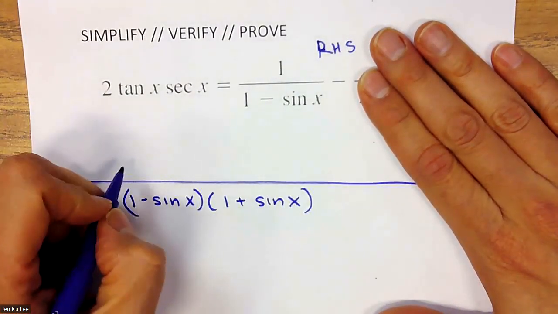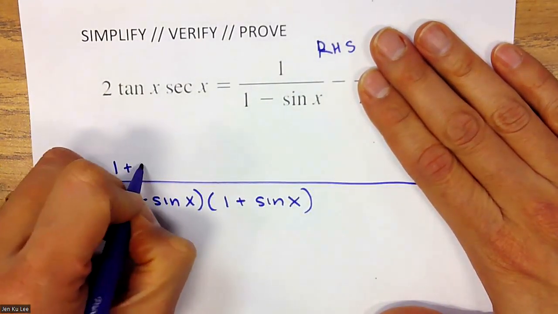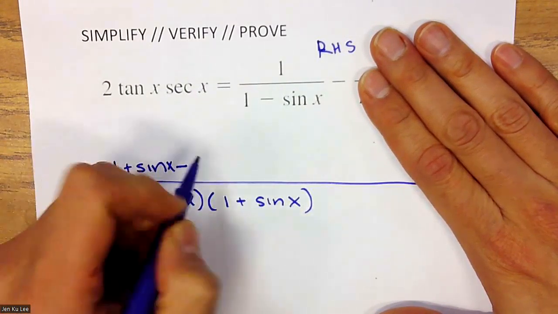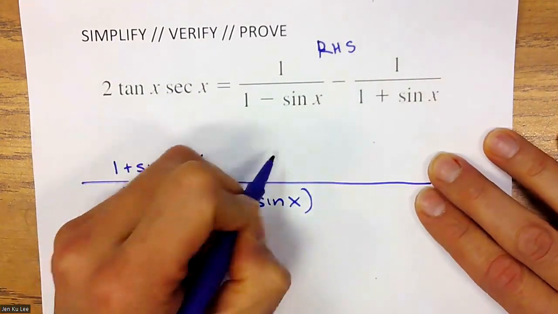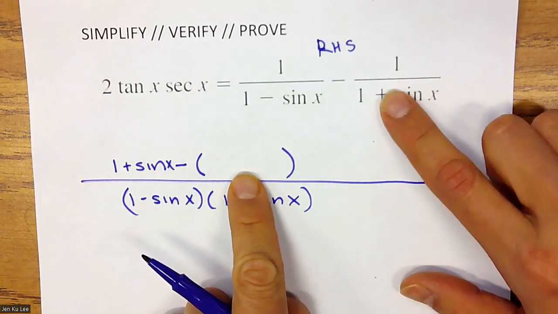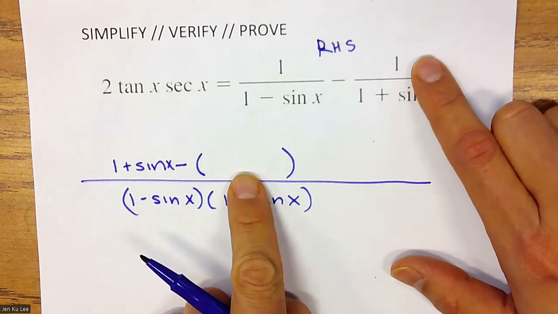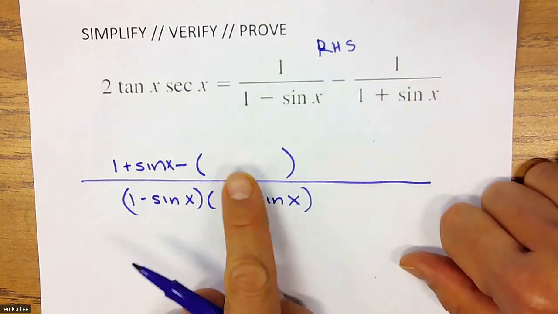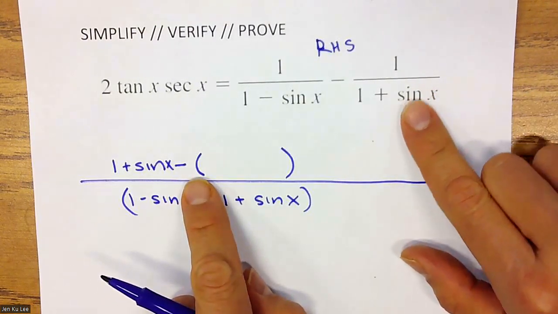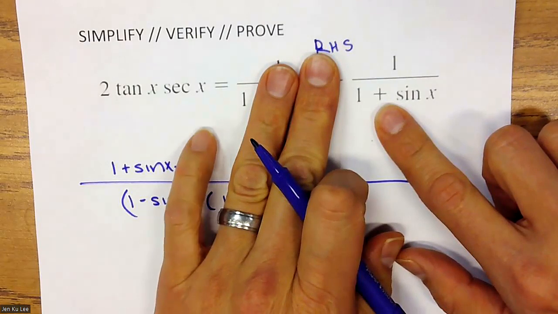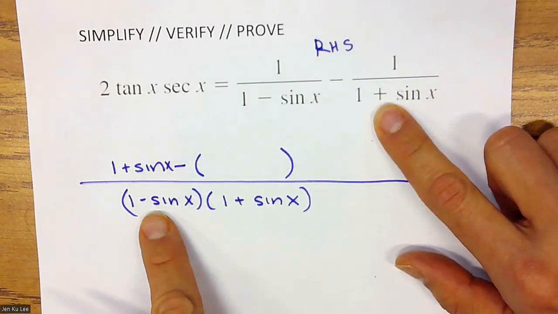1 times 1 plus sine is 1 plus sine minus. Now you must put parentheses around this, okay? Because whatever is here is going to be subtracted. Each and every term is going to be subtracted, okay? So in my second fraction here, I need a 1 minus sine.